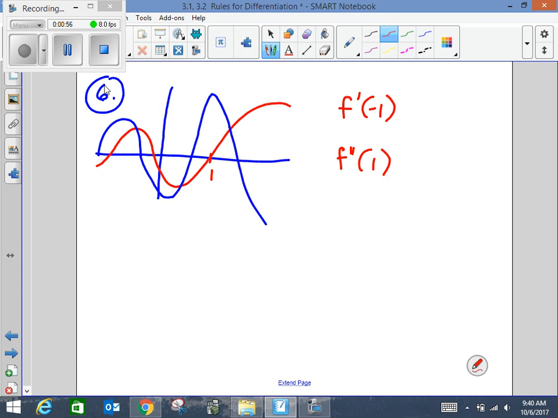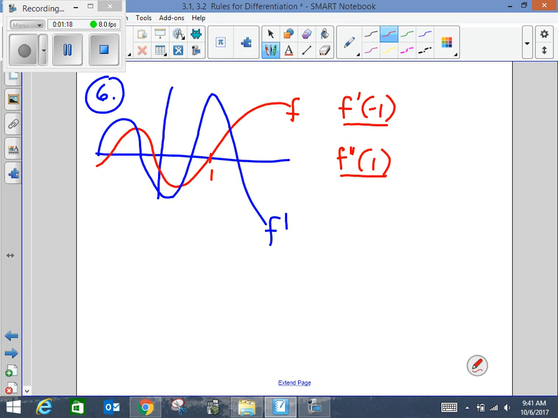I think we all kind of agreed that the blue one was f prime, and the red or pink, whatever you want to call it, is f. Is that correct, everybody? Okay, so we don't have f double prime, so again, you're going to have to think about something else.